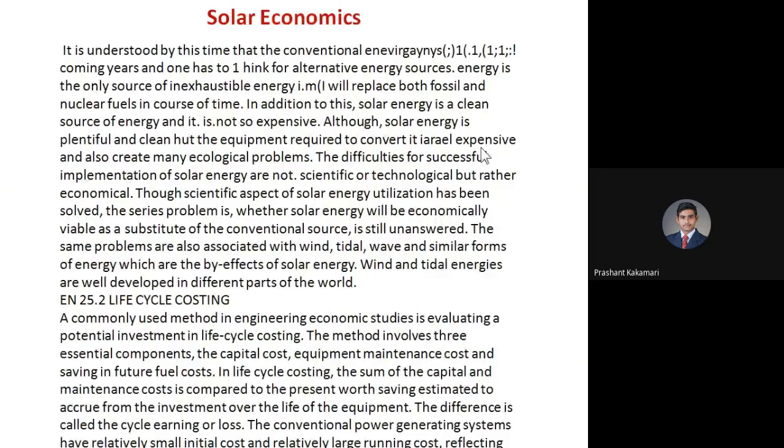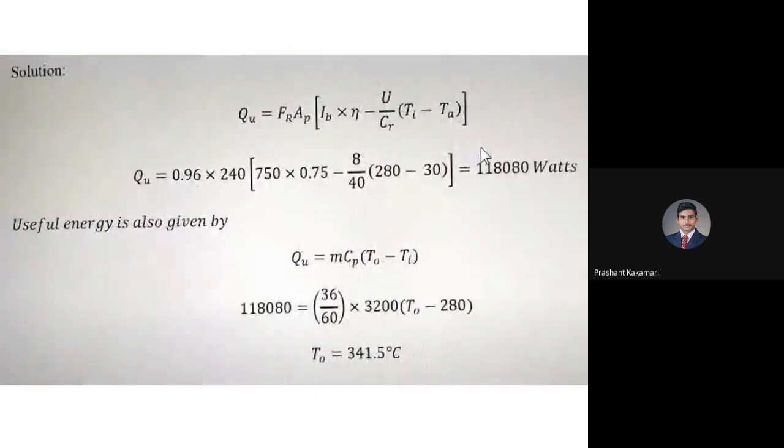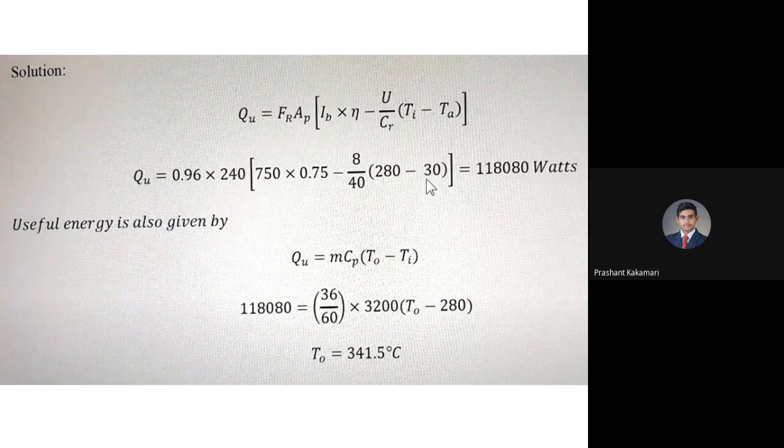The area of the system into FR is considered. That's why inside this bracket we need to consider inlet temperature minus ambient temperature. You can recall this from the flat plate collector also. The only new terms are the heat loss coefficient divided by the concentration ratio, and the total solar radiation incident on the absorber plate, which is very small, where we have to consider the efficiency of the optical system. That is given as 75%.